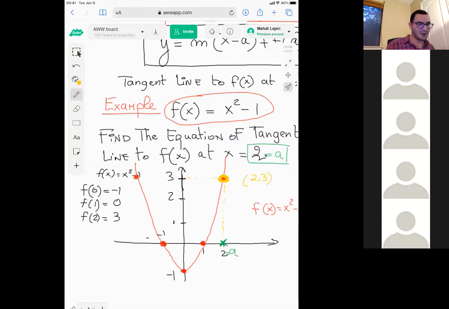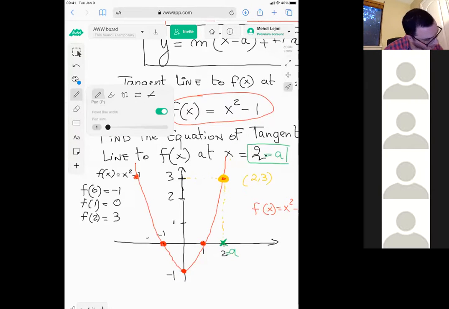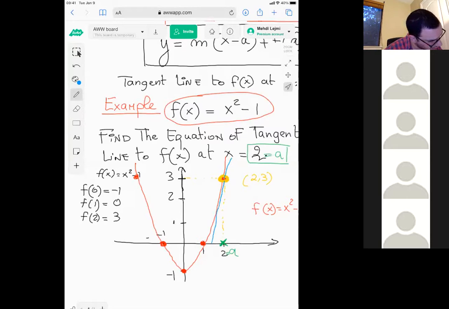So we said by definition of the tangent line, it passes through the point a, f of a. So in our case, a is 2, so it's going to pass through the point 2, 3, right? So it's going to pass through this point 2, 3 here. So let's say here, this would be our tangent line.